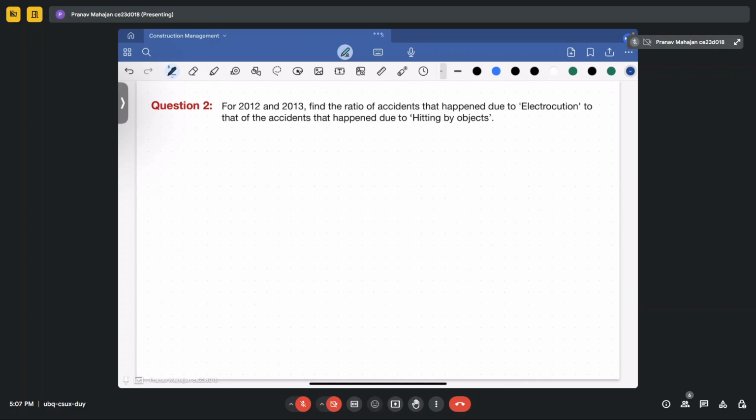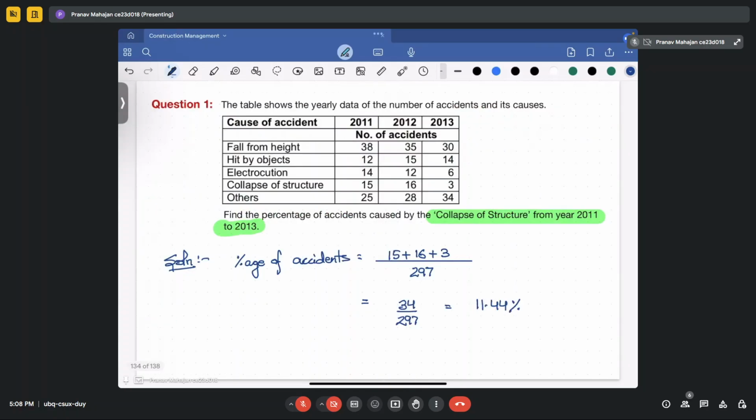For the same question, for the years 2012 and 2013, find the ratio of accidents that happened due to electrocution and accidents that happened due to hitting by objects. How will you do that? You just take the ratio of the two events. First is 12 plus 6, which is 18, and here 15 plus 14.